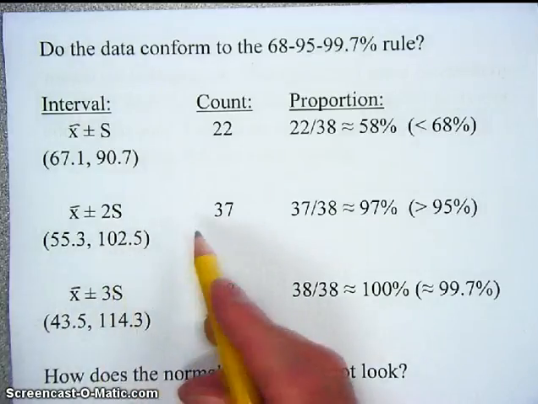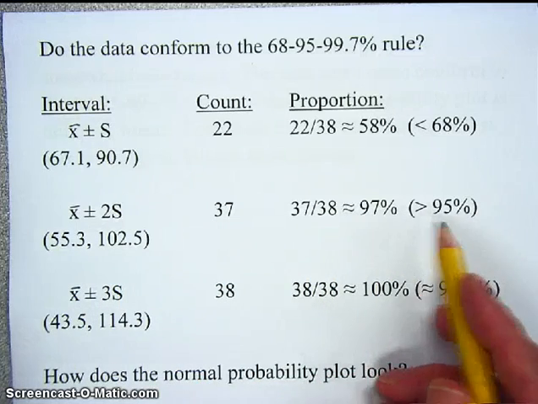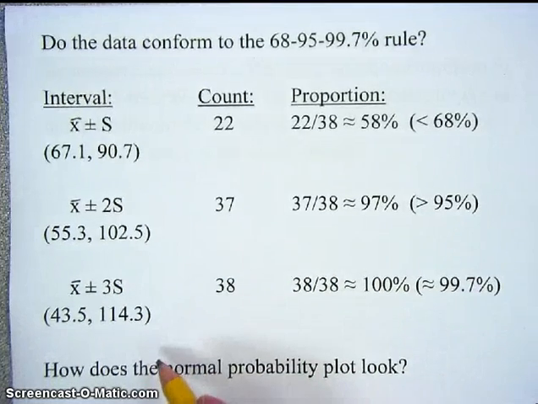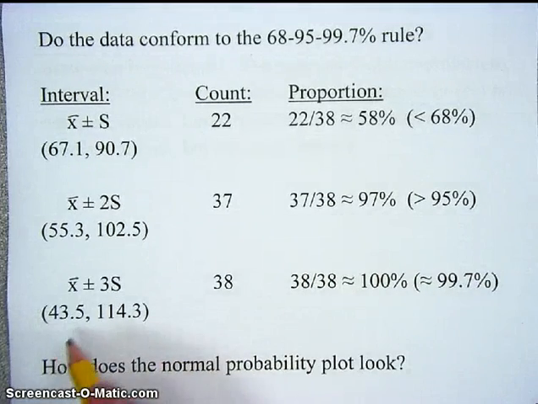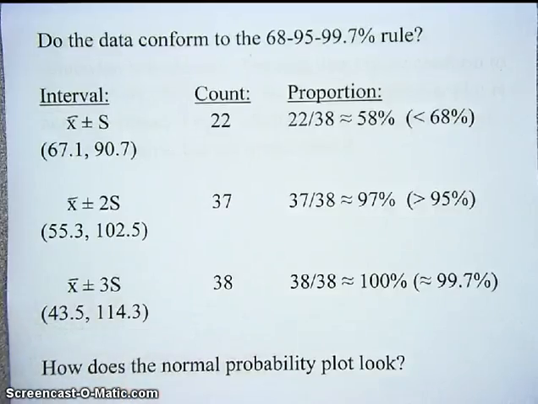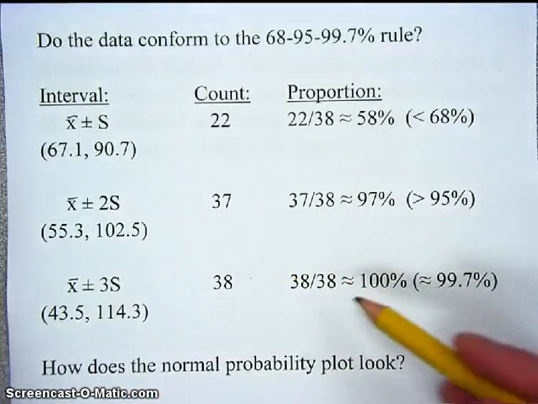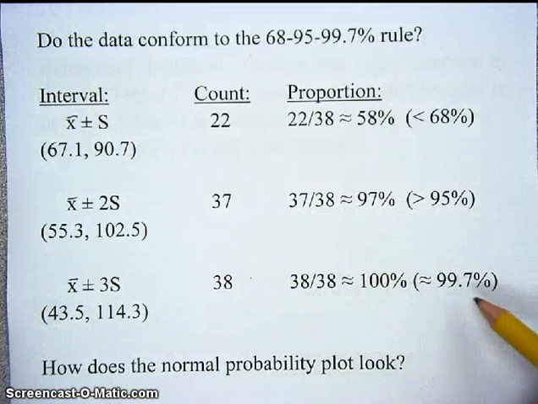In that interval, we have 37 of our 38 observations, which is 97%, and that's just slightly above 95%. So maybe getting better. And then in the interval from X bar minus 3S to X bar plus 3S, which is 43.5 and 114.3, we have 38, or all of our observations. 38 out of 38 is 100%, which is approximately 99.7%.